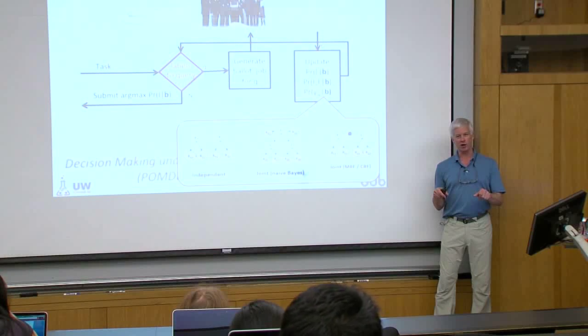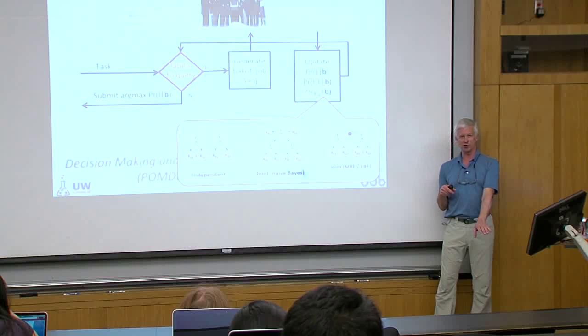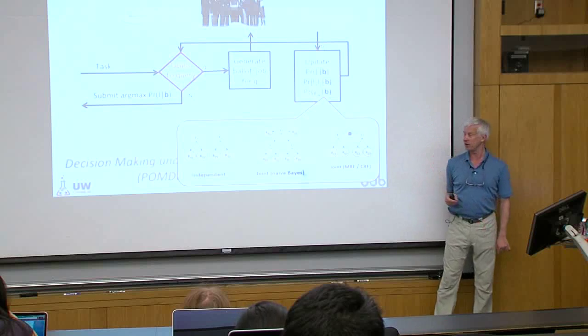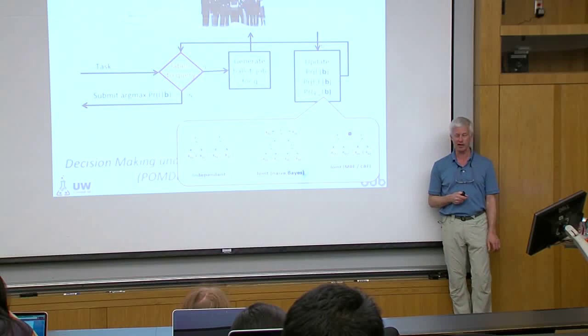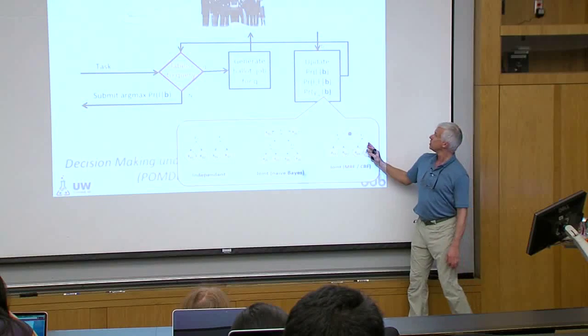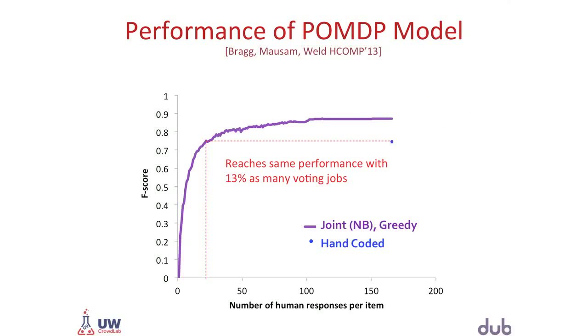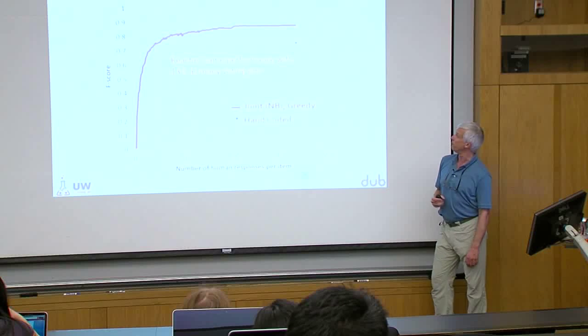Maybe we want to ask somebody about a node down low in the hierarchy, and then we can conclude with high probability that some highly co-occurring tag is going to apply. So this is work that Jonathan Bragg did, and he looked at a number of different probabilistic graphical models for representing this distribution. I'm not going to talk about that more today, but I will talk about the result of the controller.